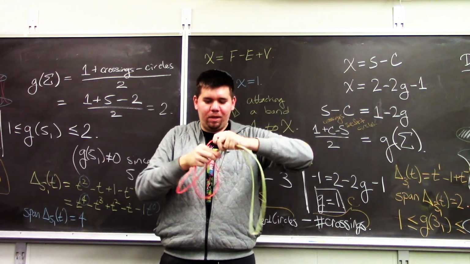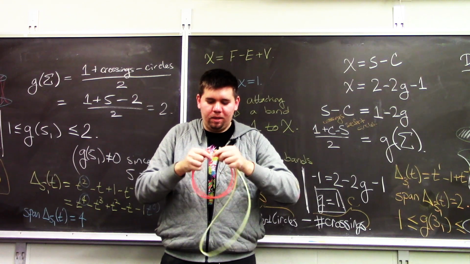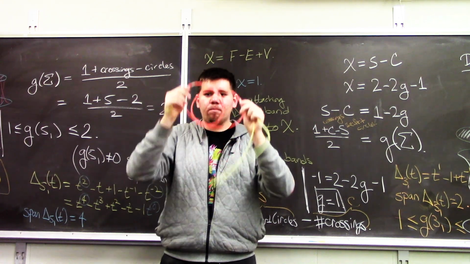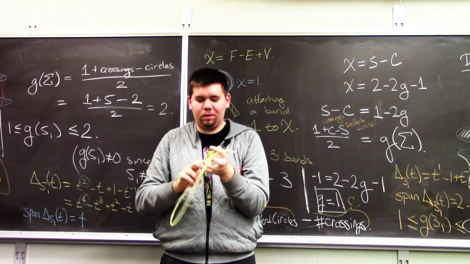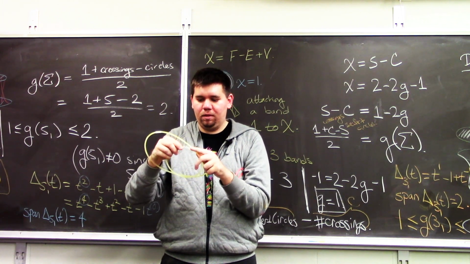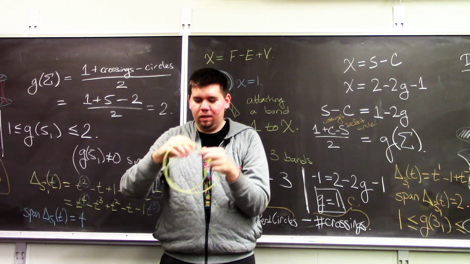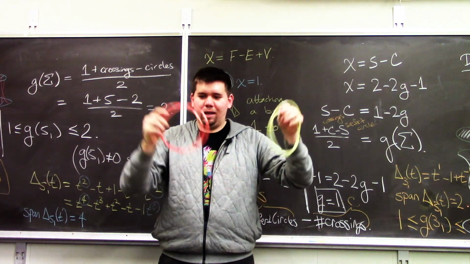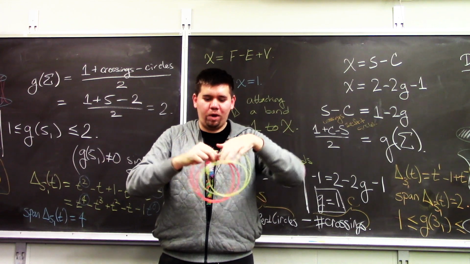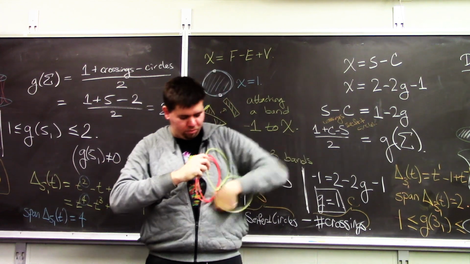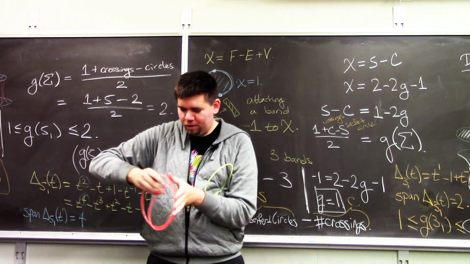So let me break these apart. But then the question becomes, well, can I merge this with some other knot? So let me tie this into a knot. Now this one's knotted and this one's knotted. And is it possible that when you combine these knots, oh, this is quite knotty.